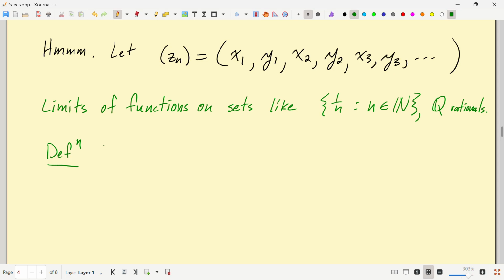let's suppose C is a cluster point or accumulation point. It's an accumulation point of a set S in the real numbers.